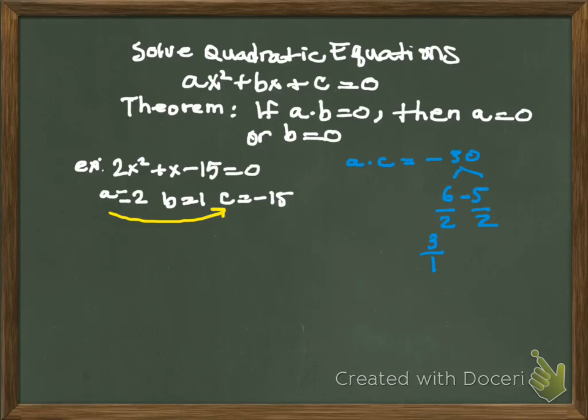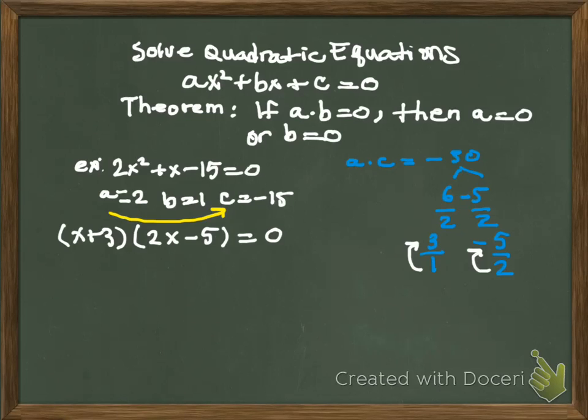The leading coefficient is 2, so we'll write 6 over 2 and negative 5 over 2. After reducing, we end up with 3 over 1 and negative 5 over 2. Now we're ready to write our two binomials, which is x plus 3 times 2x minus 5 equals 0.